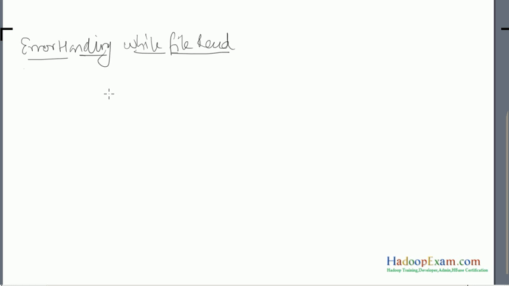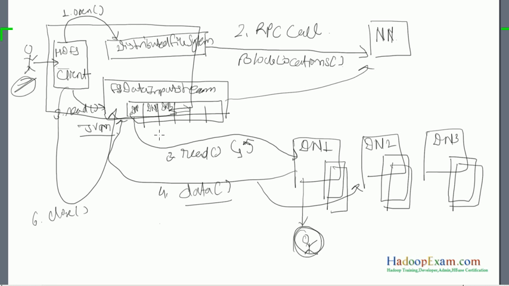Let's assume that during reading, the DFS input stream encounters an error, for example a communication error where the network goes down with this data node. Then it will try the next closest one for the block.